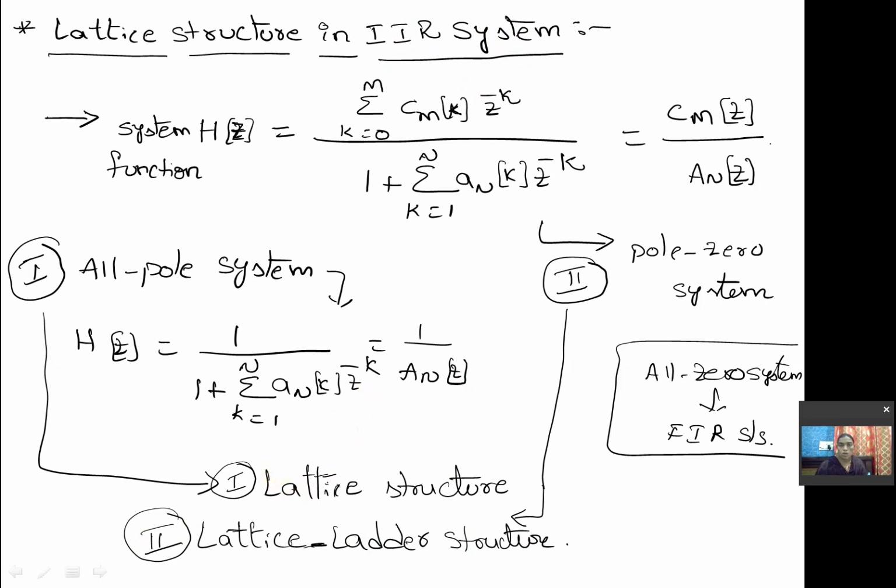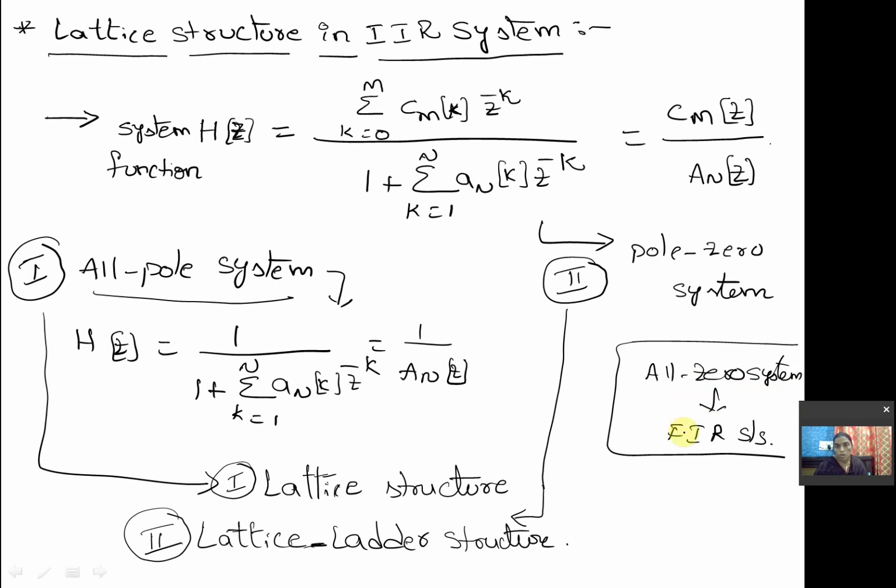Now firstly, if you consider the all zero system, that is nothing but the FIR system. To realize the lattice structure for the all pole system, we take the all zero system in the case of the FIR system. Just observe this: if I reciprocate or invert this all zero system, it becomes an all pole system.